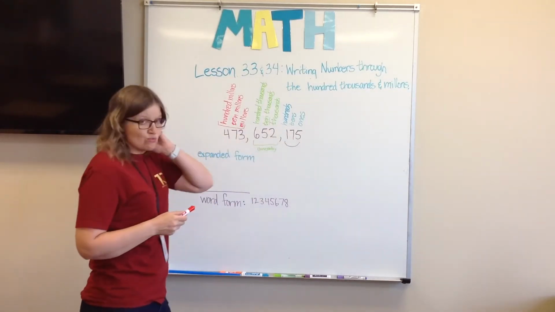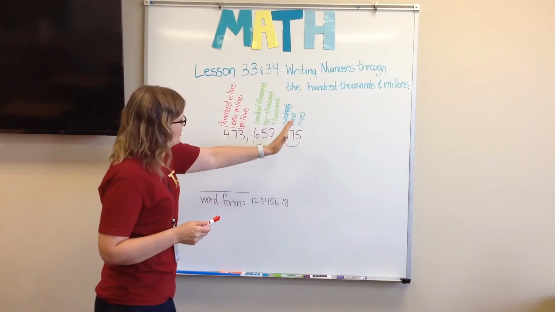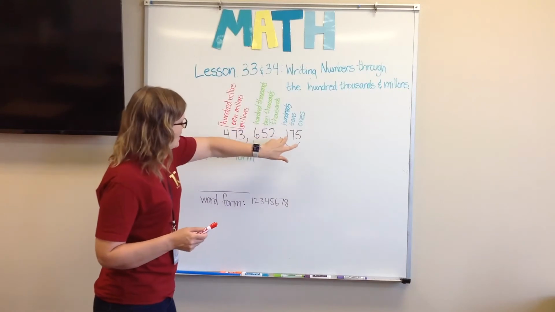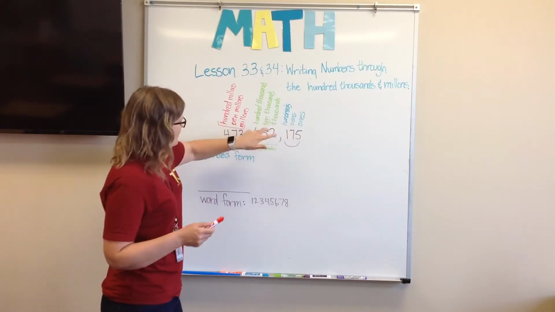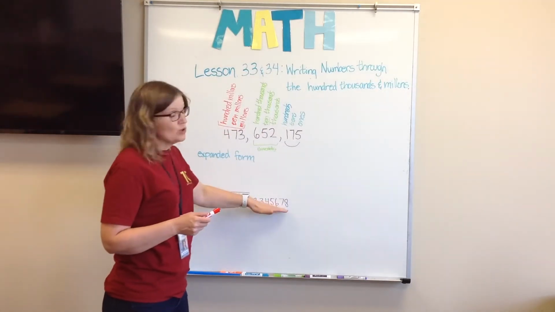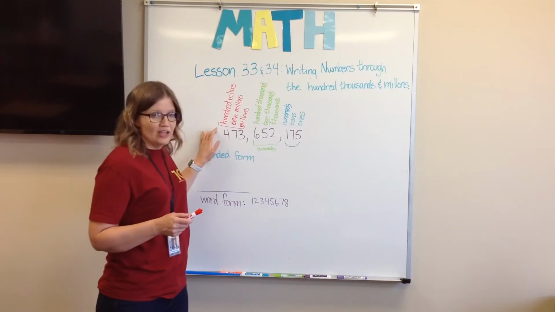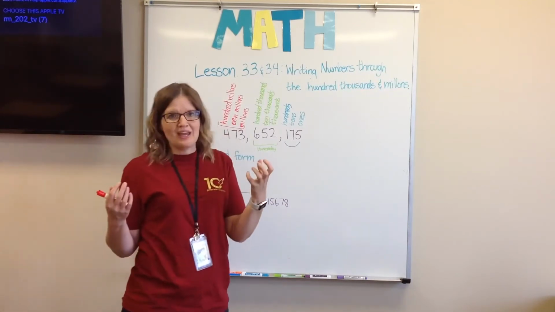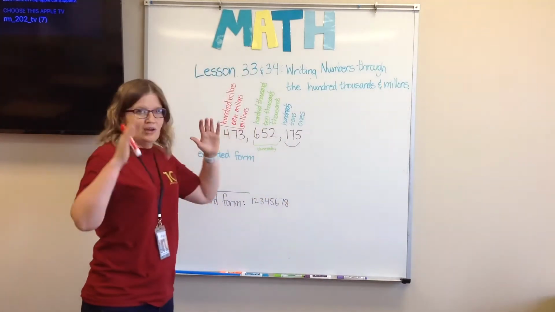Once you know how to read this, you can read the numbers. You have to see where everything is grouped. We can also pull this apart and write it in expanded form, where each place value has its own amount.